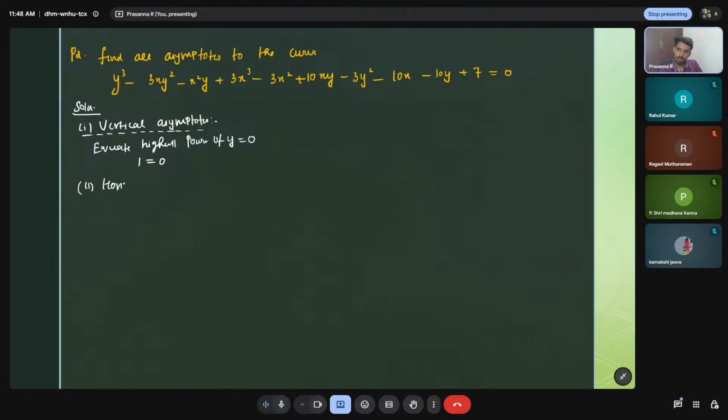Now we will find all horizontal asymptotes. Equate the highest power of x to 0. And what is the highest power of x? It is 3x cube. There is only one x cube term.